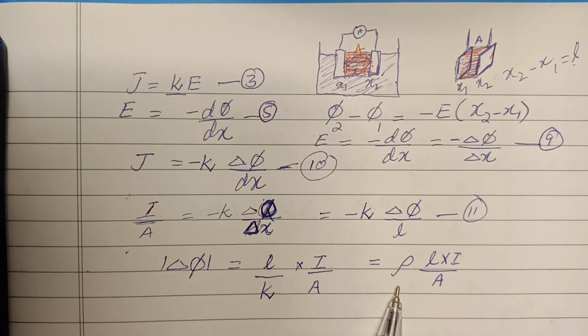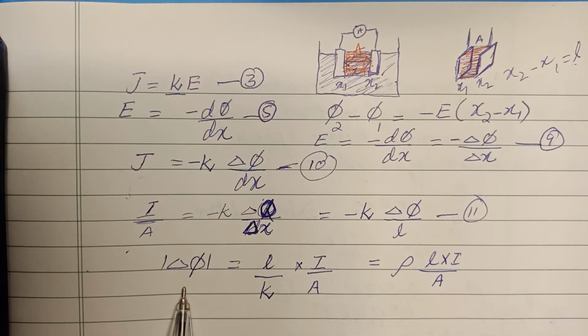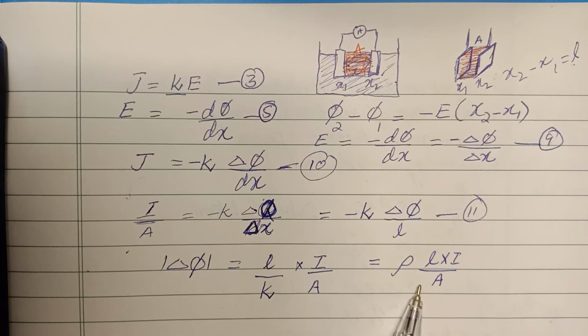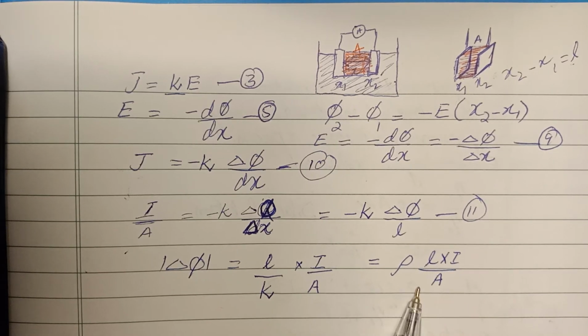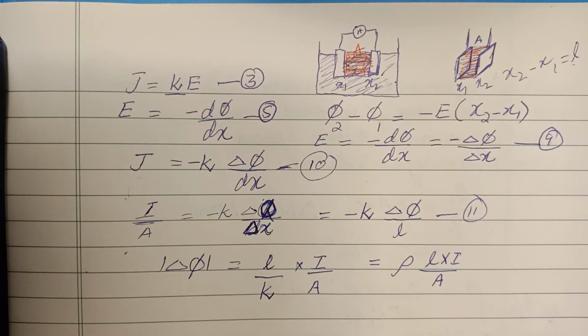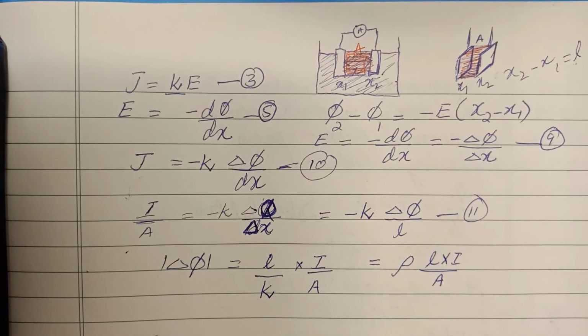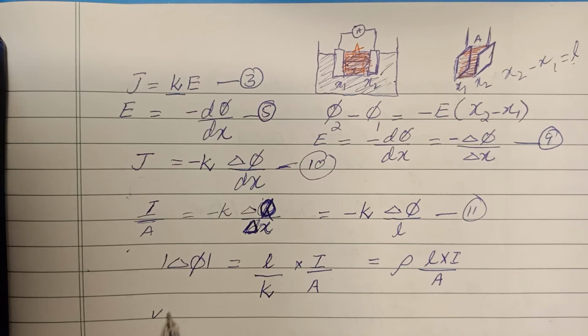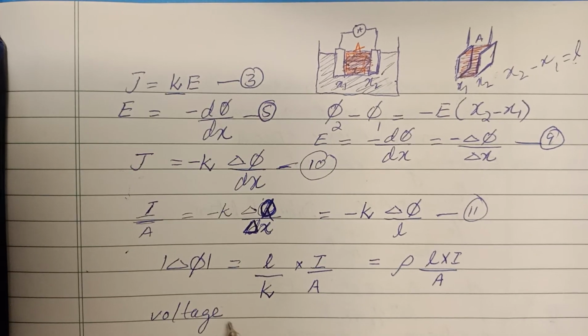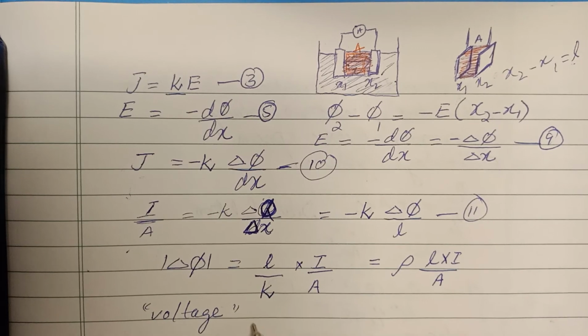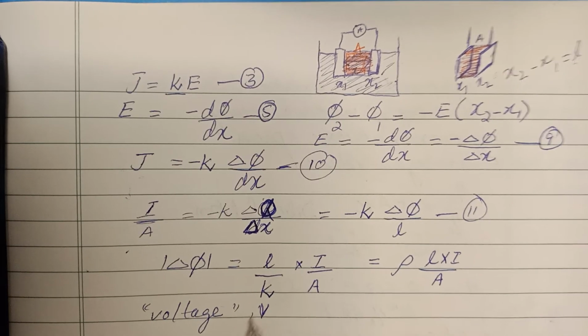So in terms of resistivity, the electrical potential difference is expressed here. This electrical potential difference is often called the voltage, having a unit volt.